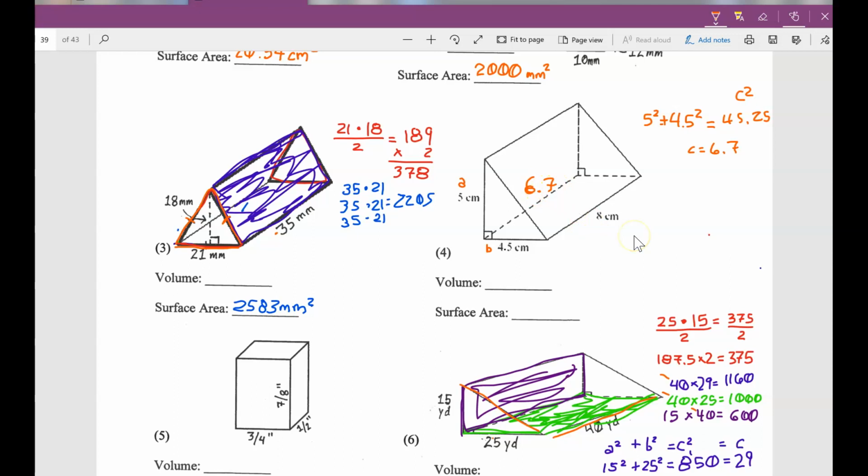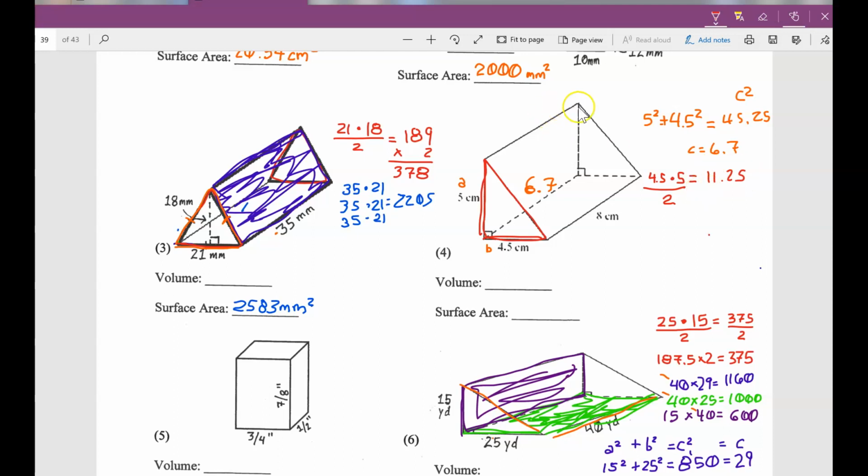So this side becomes 6.7. Okay, so how do we find the surface area of this? Well, we have our front triangle, which is going to be identical to the back triangle. We know our left to right measurement and our straight up and down measurement, so we can do 4.5 times 5 divided by 2. 4.5 times 5 divided by 2 is 11.25.